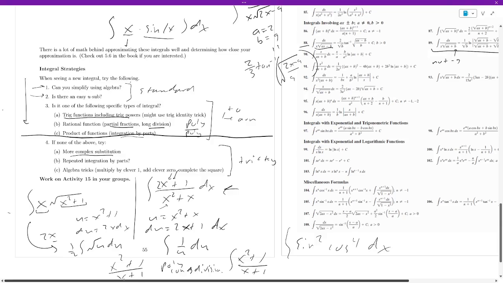That takes some creativity to find and messing around with it. Sometimes you have to do integration by parts multiple times and keep track of all these different integrals. And we saw last time sometimes there are weird algebra tricks, like multiplying the top and bottom by the same thing, and that helped for some reason.